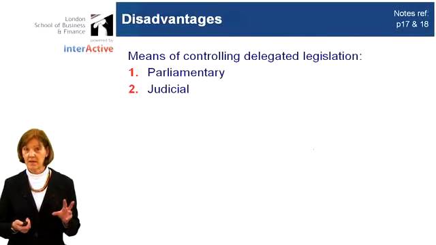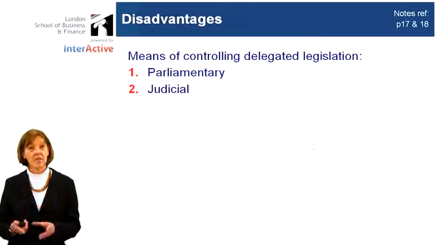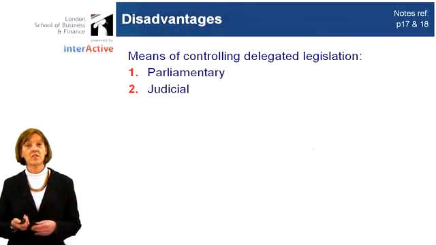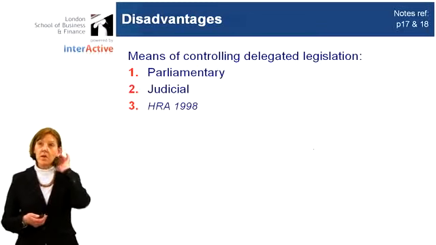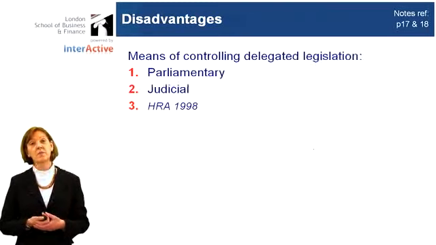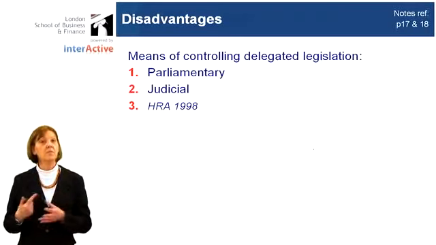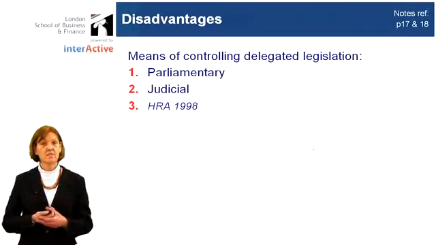Remember, judges must apply Acts of Parliament, but they can throw out delegated legislation where the maker has exceeded his powers. There's also an element of control under the Human Rights Act. We'll do that when we look at human rights. So that covers this topic then, sources of law.